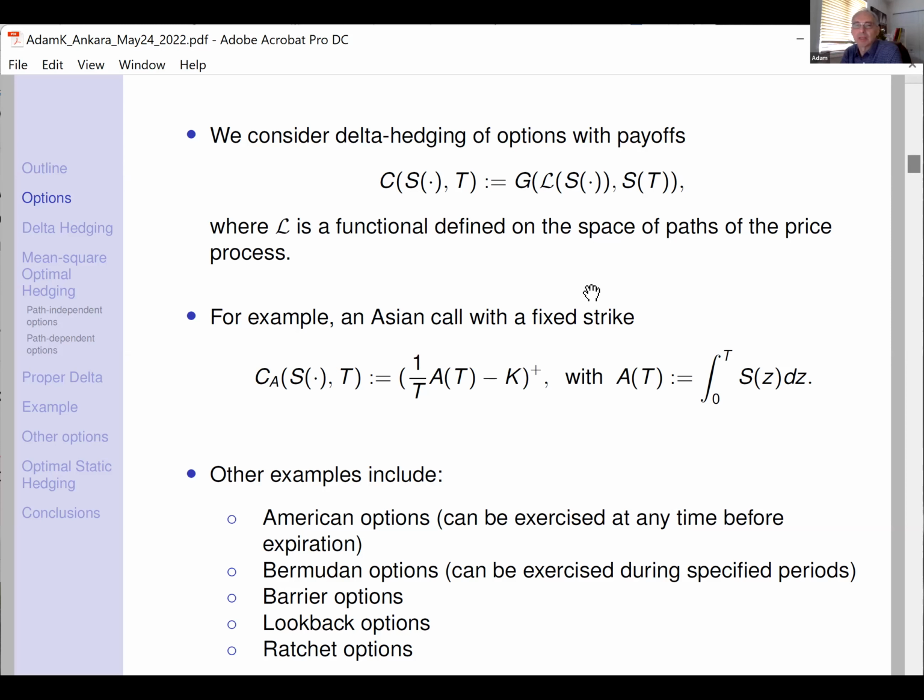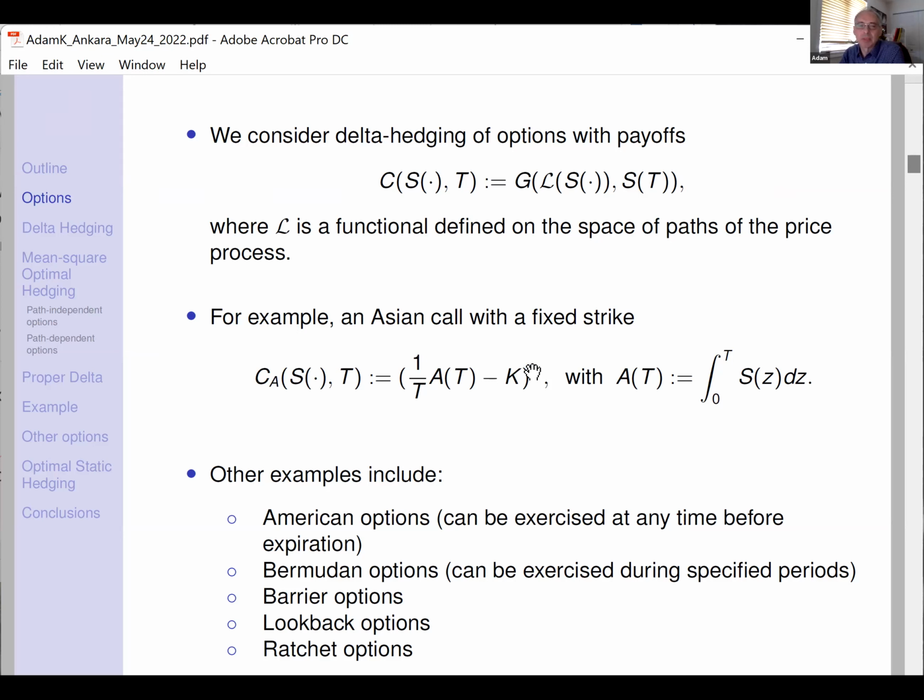So if you look at the payoff function, instead of the terminal value of the underlying at maturity, which would be the price of the index, we replace this with a functional defined on the space of trajectories. In this case, the functional is the integral of the price of the underlying security, and we divide by the length, so we take the average.